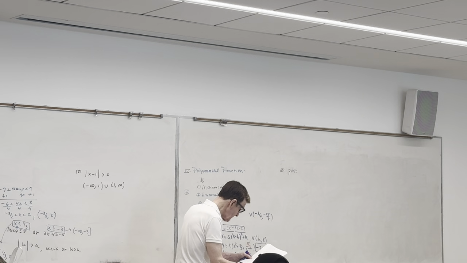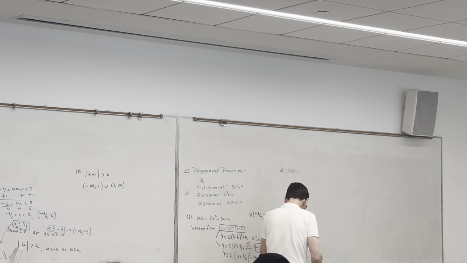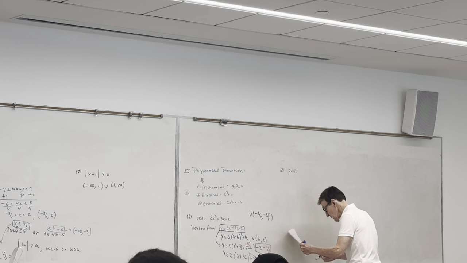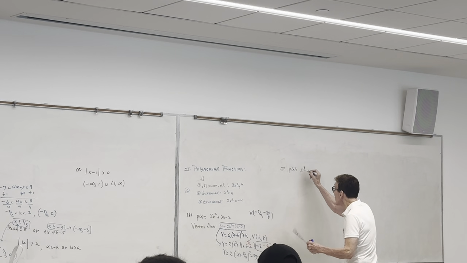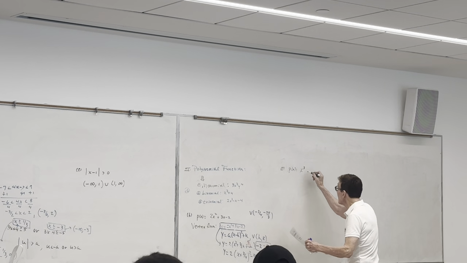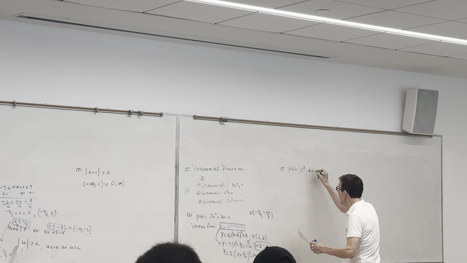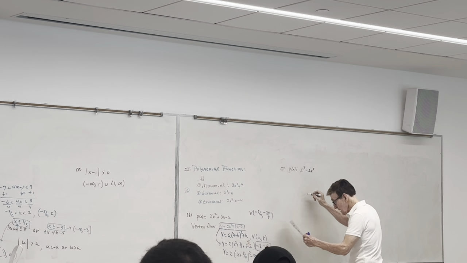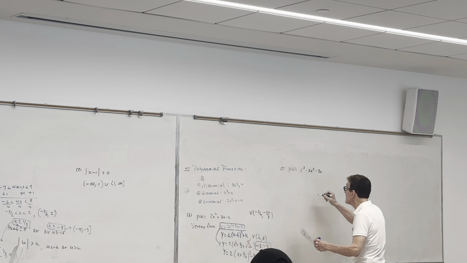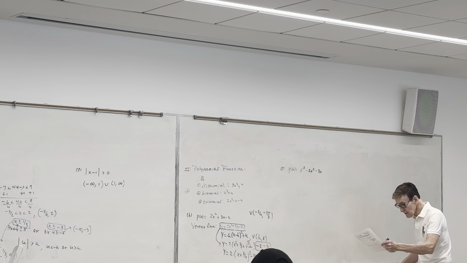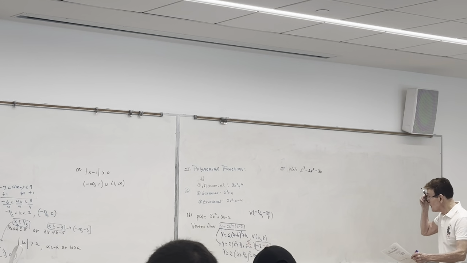Oh, this one's 2P. Okay, here goes. P of x is equal to x cubed, subtract 2x squared, minus 3x. I can look at it and make sure everything's good. Looks good.